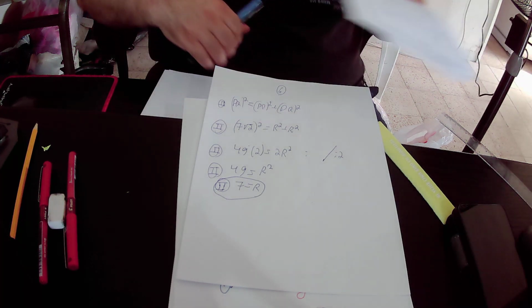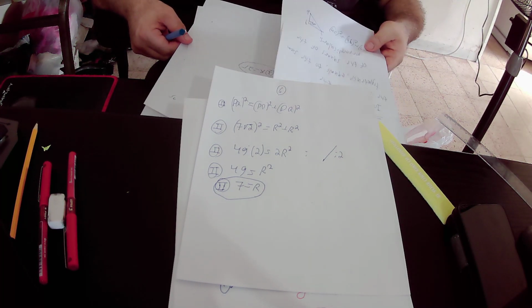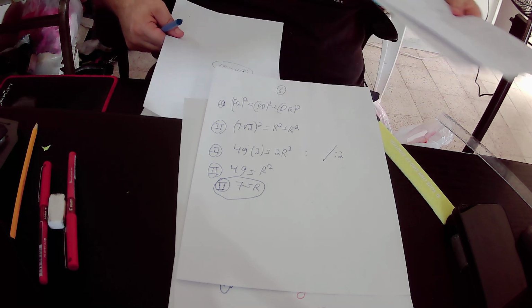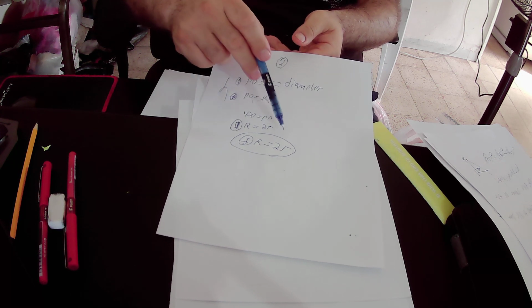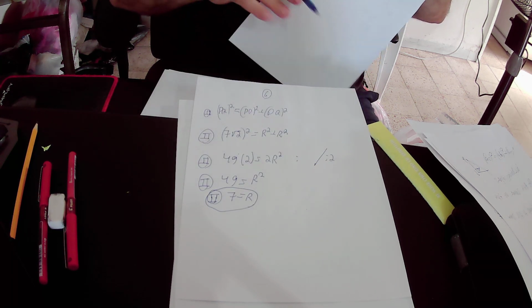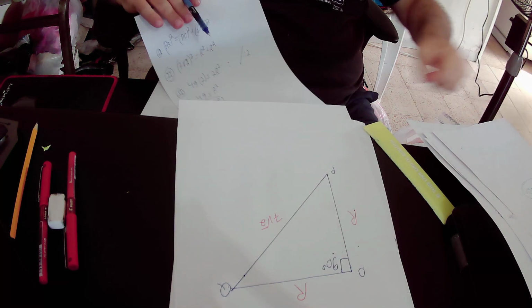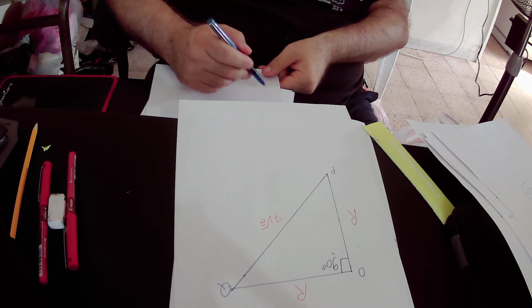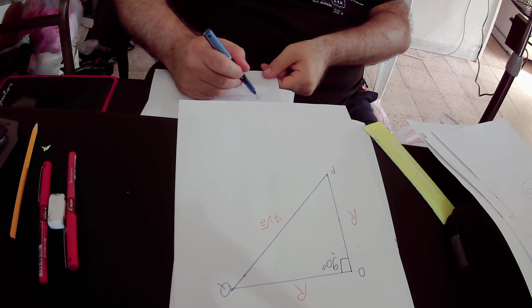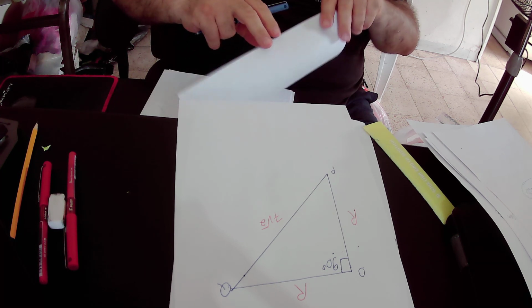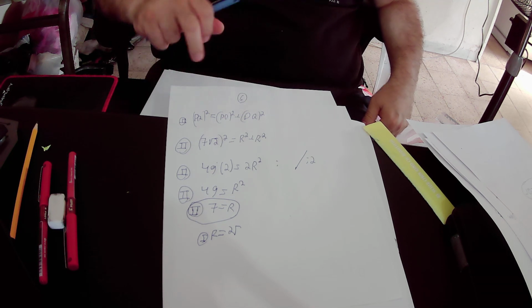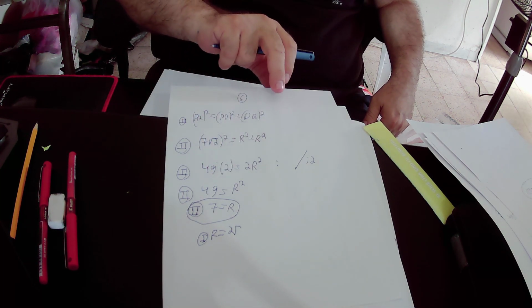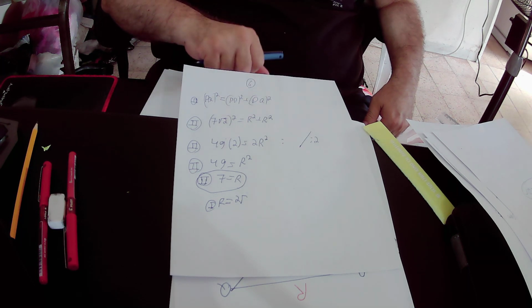But according to equation number 1, capital R equals 2 times small r. So we can write it down. Okay, capital R equals 2 times small r, according to equation number 1.